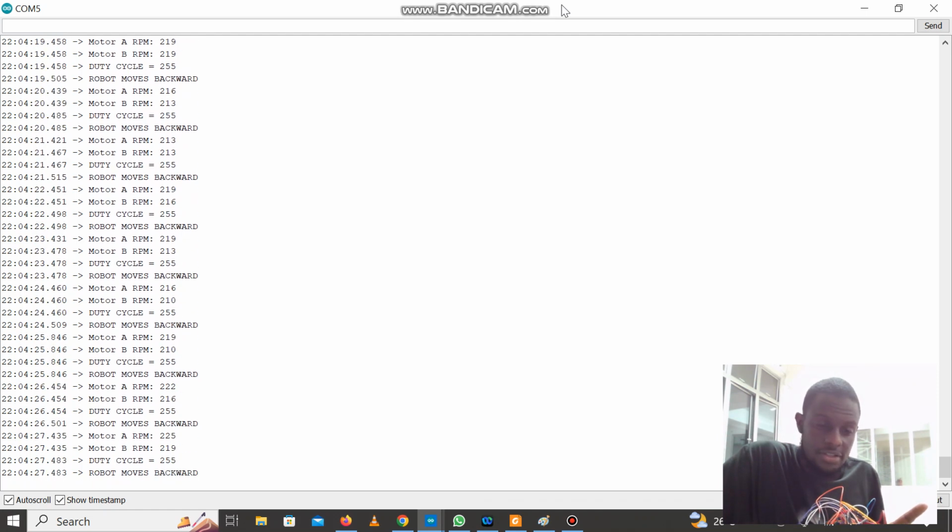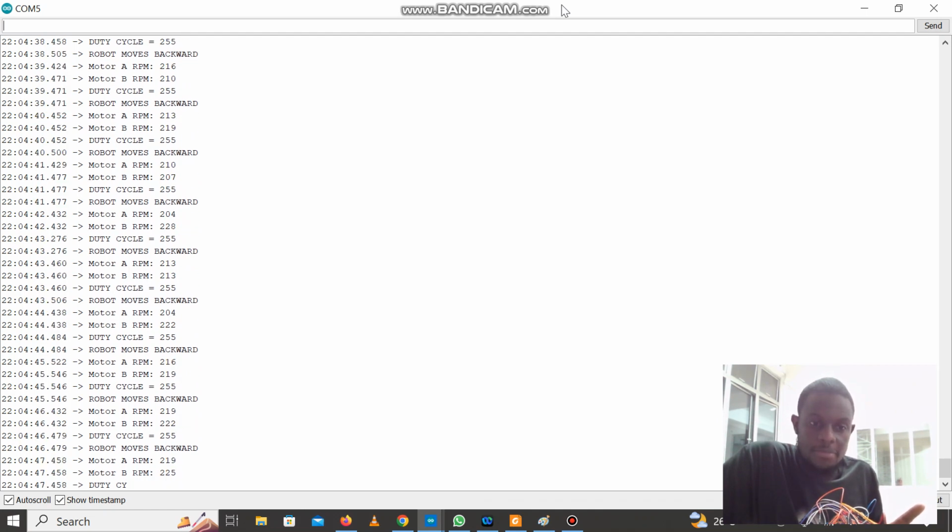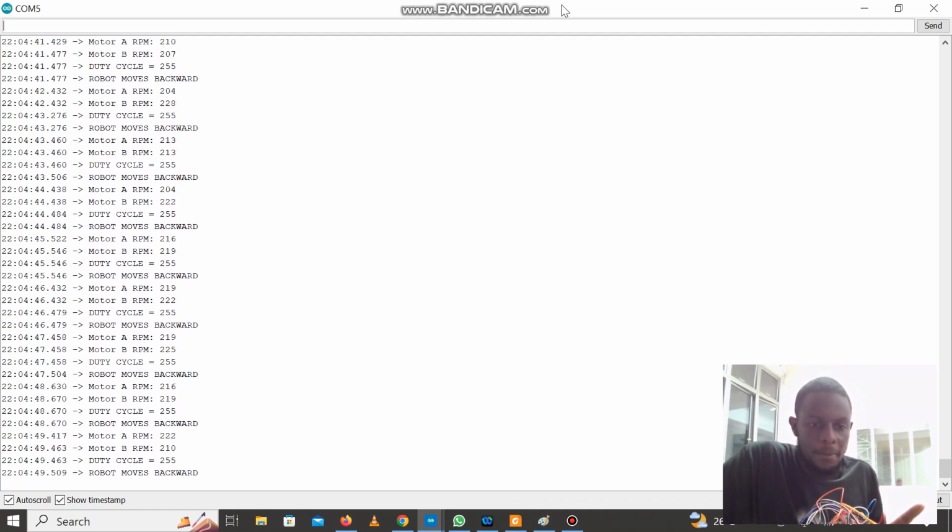There is error in the sense that we want the speed to be fixed at 200, but we don't have 200, we have something close to it, and both of the motors are running at almost the same speed. Oftentimes the same speed, but sometimes there's error in the speed.